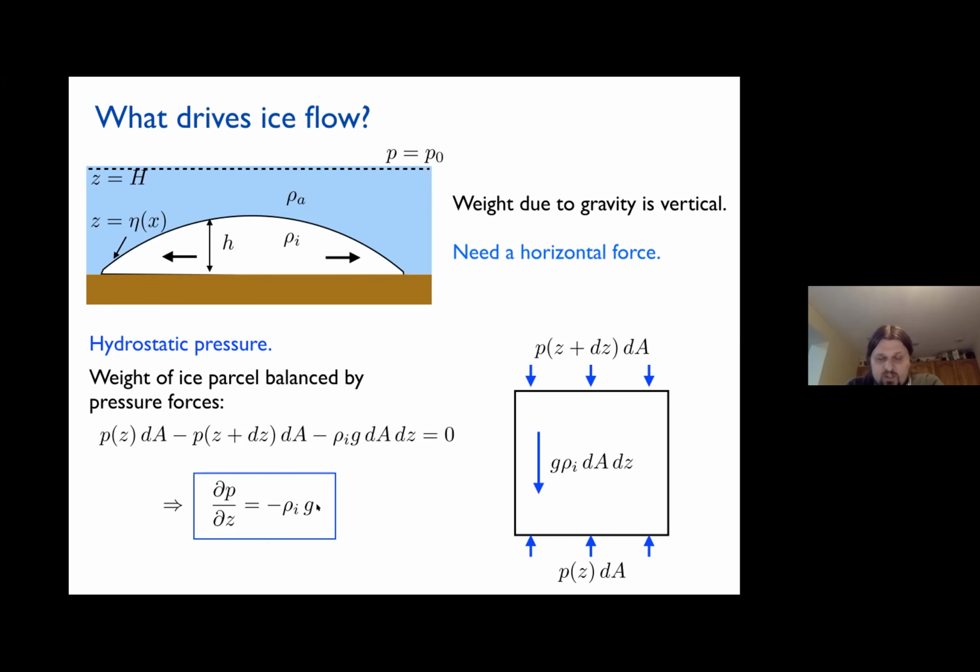So you get this pressure gradient balance as the density times gravity here. So this is something called a hydrostatic balance, and this is really key to understanding the dynamics of these ice sheets.